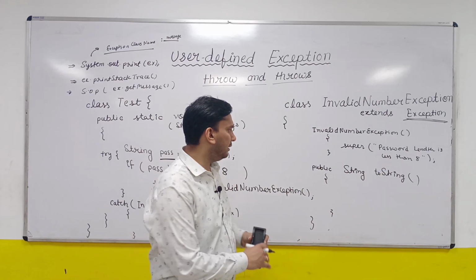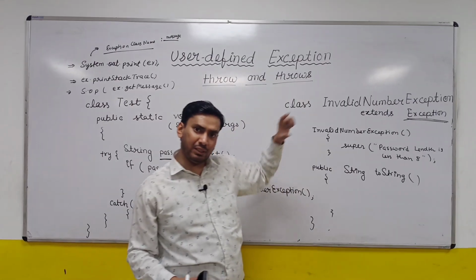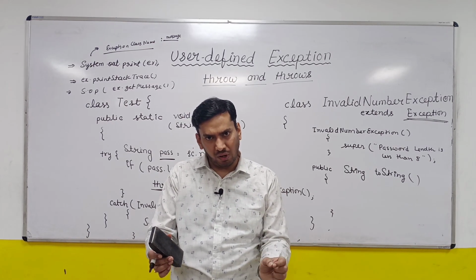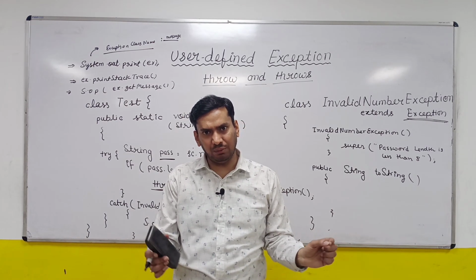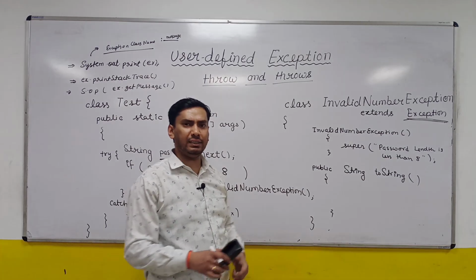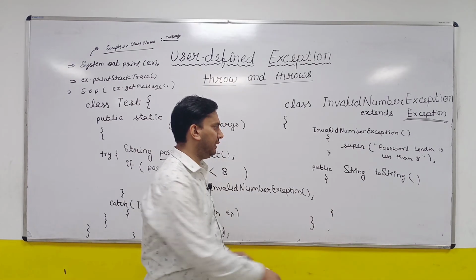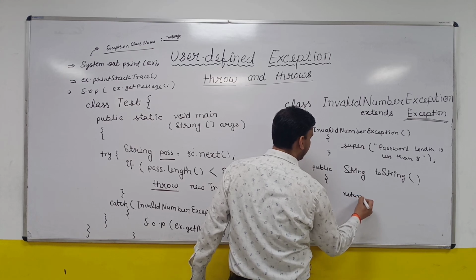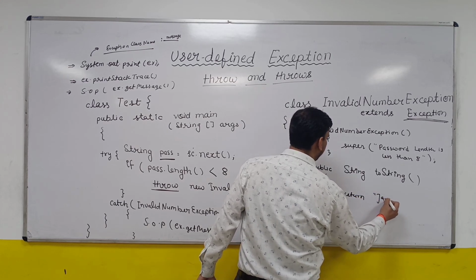Whatever you return. By default the toString method of the Exception class returns class name colon message. This is what they are returning. I want to change it, so I will override the toString method. Let's say I return "Java Guru".